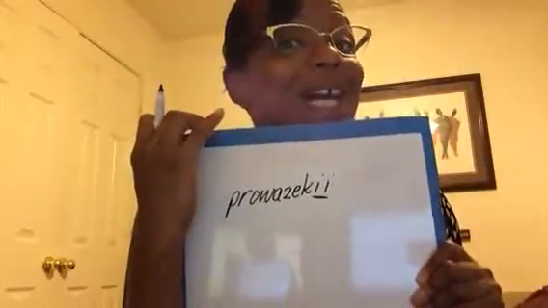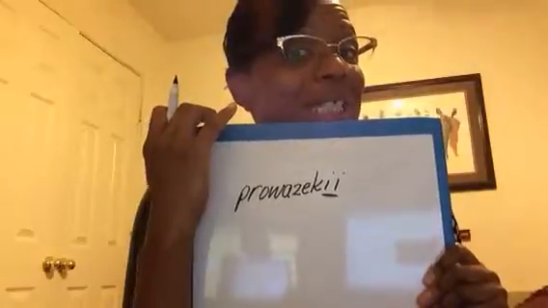Dry erase board. Okay, so Rickettsia prowazekii. First thing I need to remember is that it causes epidemic typhus. Well, if you look at the species name, what does it end in? Do you see the 2 I's in prowazekii?